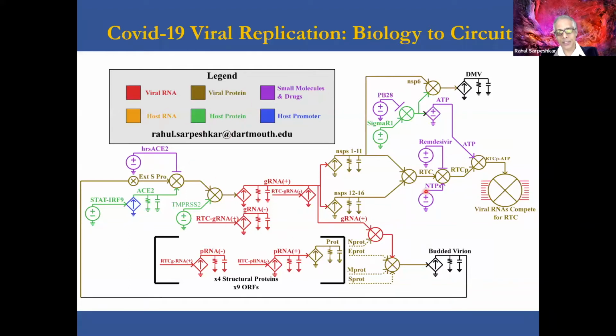In this particular case, the viral replication diagram that I've shown you is being represented. And these multiplier blocks that correspond to molecular binding, these stop signs that correspond to drugs that are blocking them, these blue things that correspond to DNA being controlled to make something, including ACE2, can all be represented.